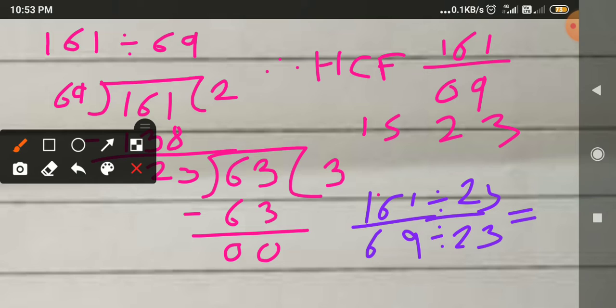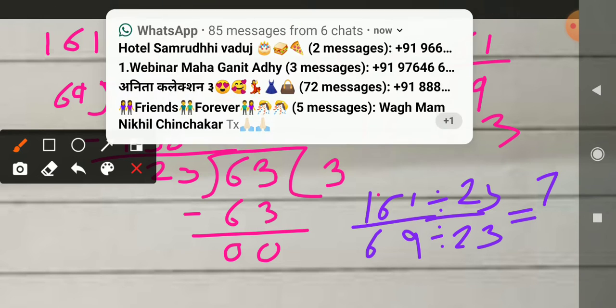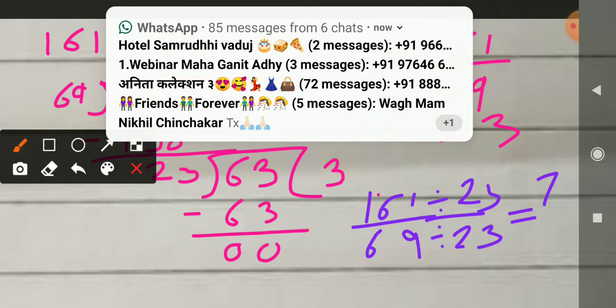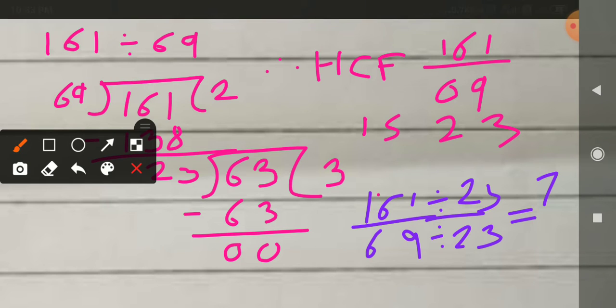So 23 sevens are 161, and 23 threes are 69. In this way, the first question we solved by the division method.